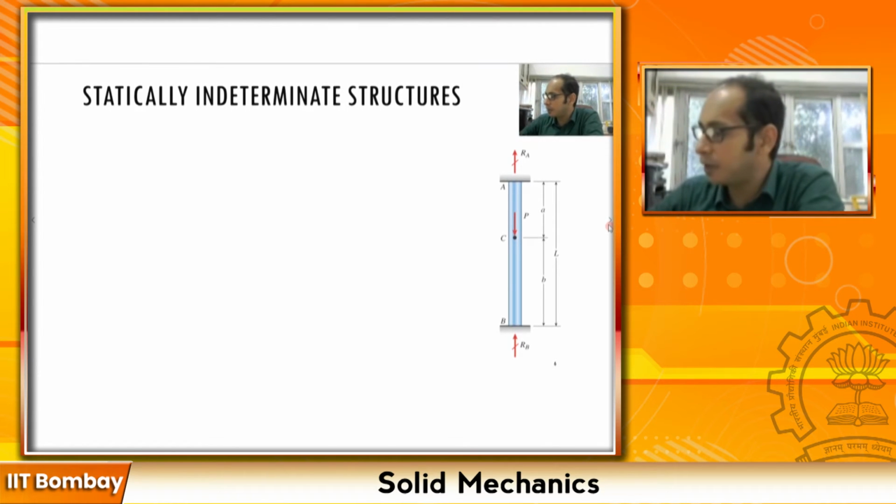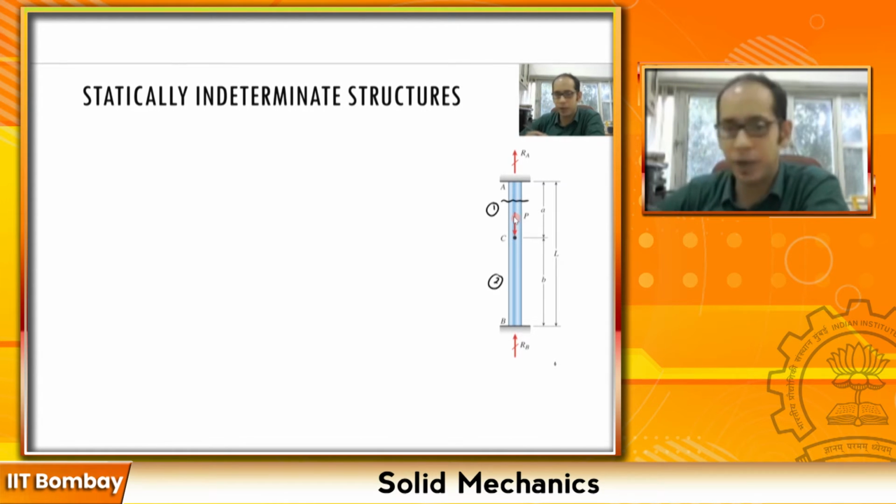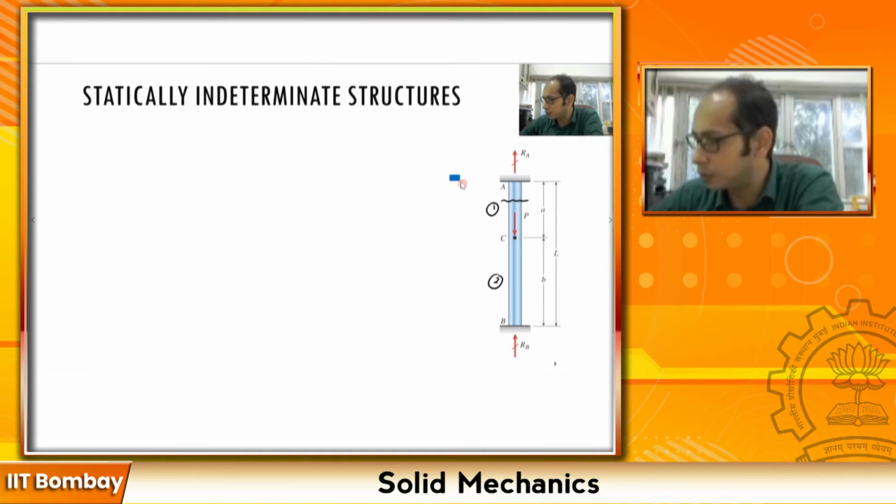If I take a section in this first part, part 1, and this is part 2, and draw a random cross section here, and draw the free body diagram of this part, I have this reaction RA here.